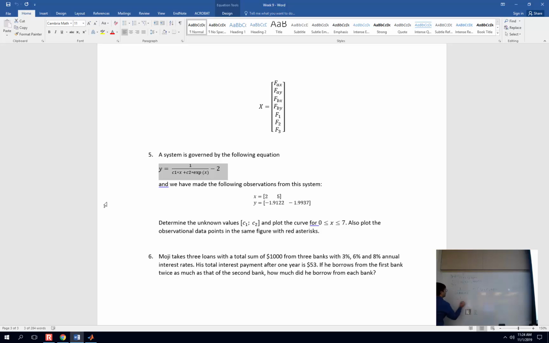The second equation is 1 over negative 1 plus 2 is equal to c1 times 5 plus c2 times exponential of 5.